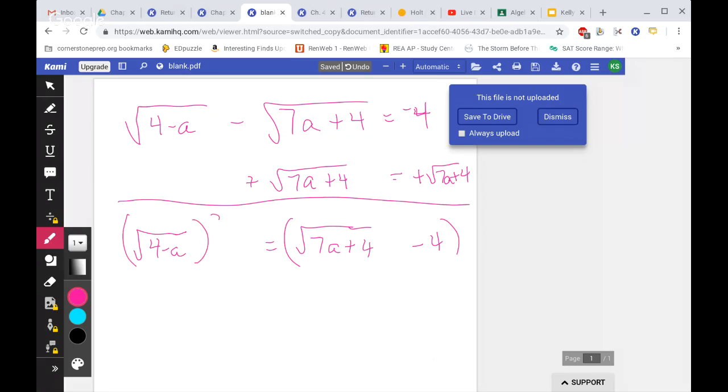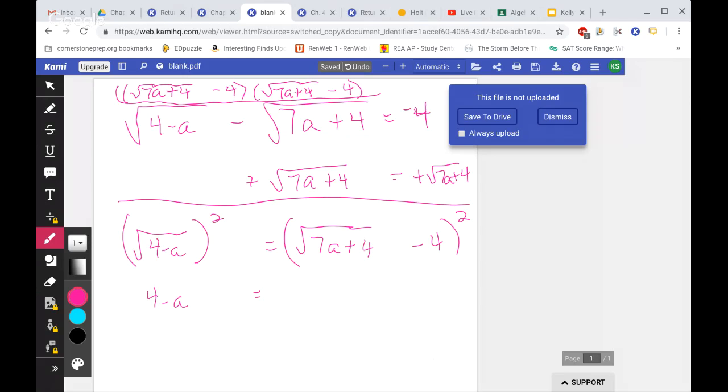So now I'm going to square both sides. This just becomes 4 minus a. And this side technically looks like way up here, 7a plus 4 minus 4 times root 7a plus 4 minus 4. That's what that is. So you've got to FOIL this.